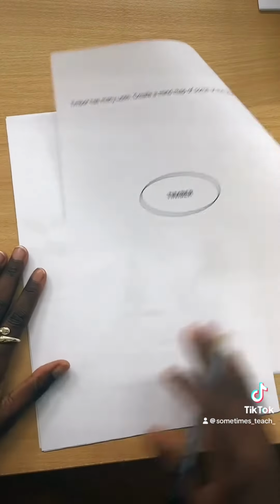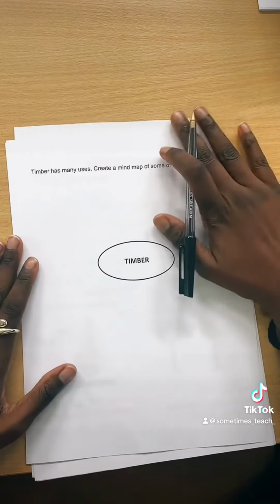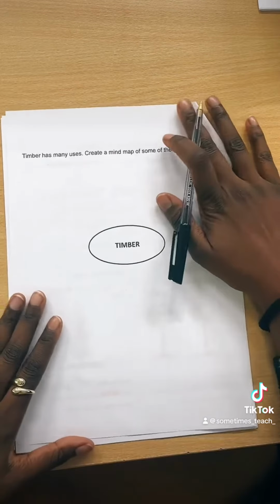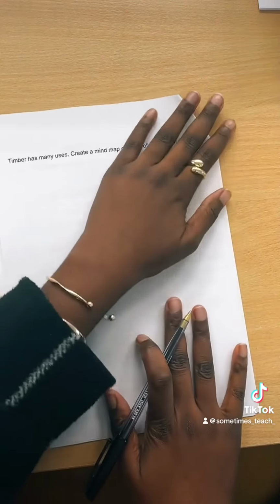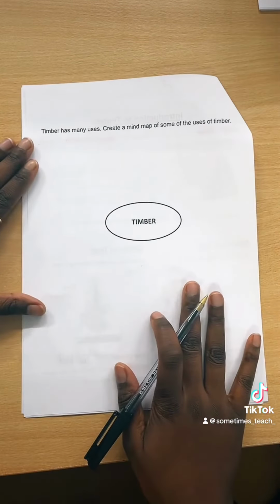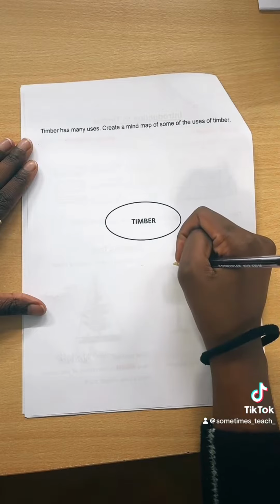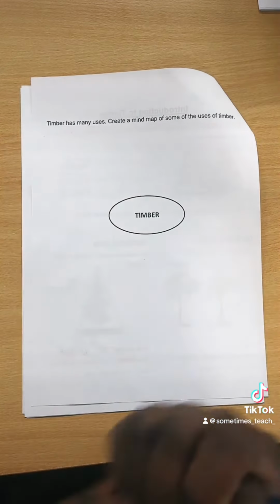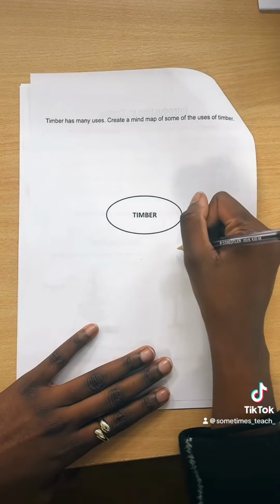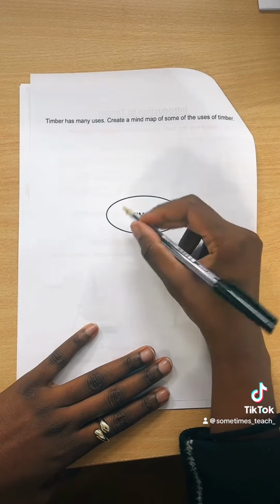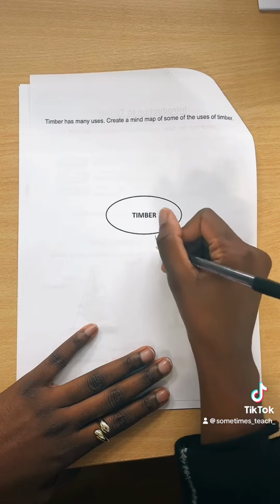Right, we're going to do a mind map now. So I need you guys to just tell me some of the uses of timber. So we know timber has many uses. It's quite versatile. You put it in the chat and I'll try as quickly as I can to write down what you have written. So the uses of timber. Okay, so you've got furniture.